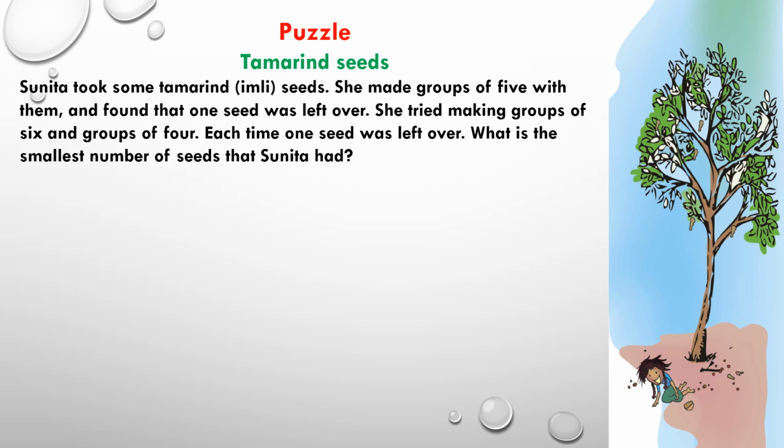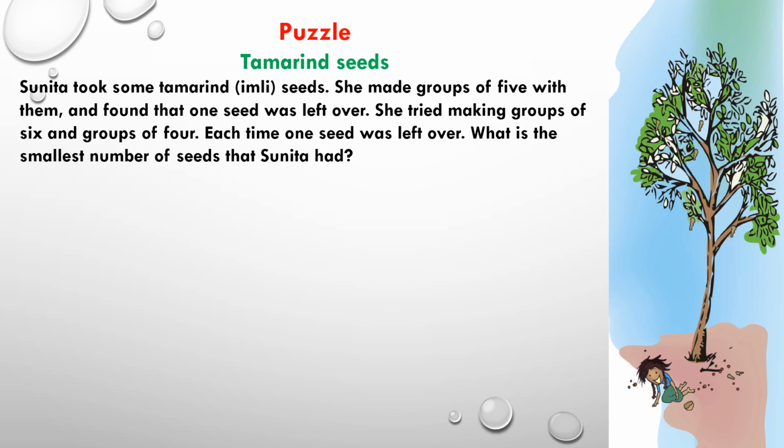For finding out the number of seeds, I will find out multiples of 5, 6 and 4 first. Why? Because when she made groups of 5, groups of 6 and groups of 4, she was left with one seed only.